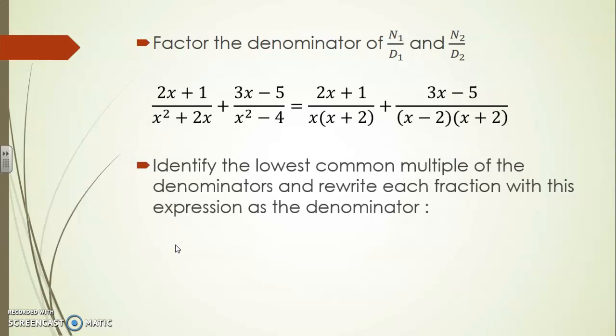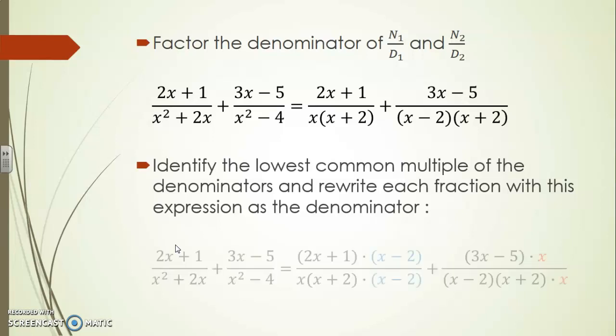Now we're going to identify the lowest common multiple of the denominators and rewrite each fraction with this expression as the denominator. Notice how the first and second rational expressions in their factored forms have an x plus 2 at their denominators.